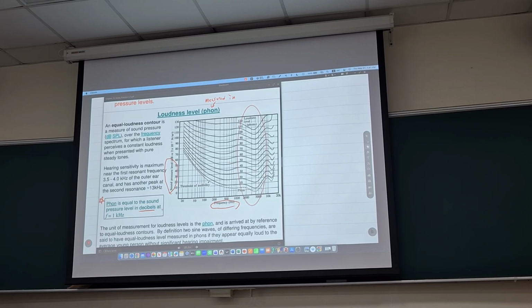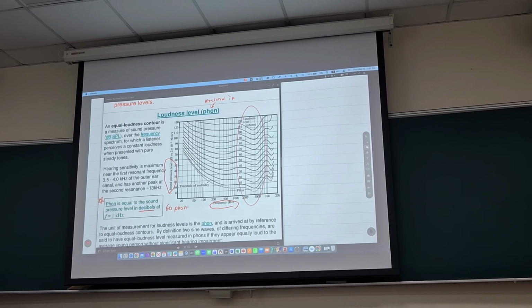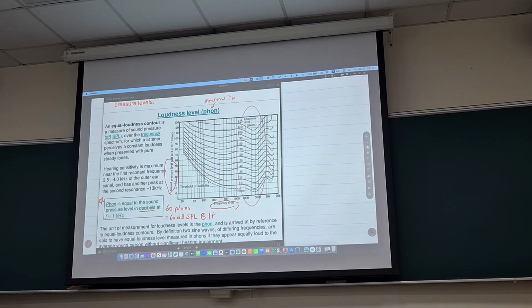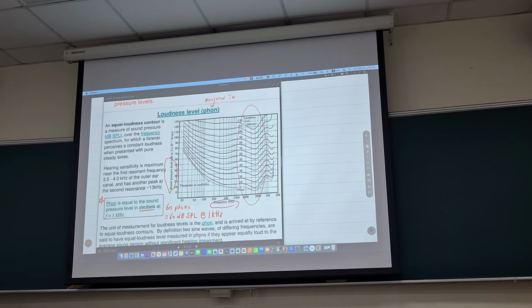That means, for example, 60 phones equals 60 dB sound pressure level at a frequency of 1 kilohertz.